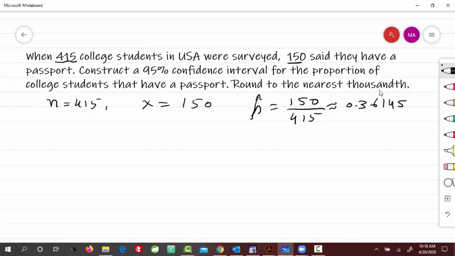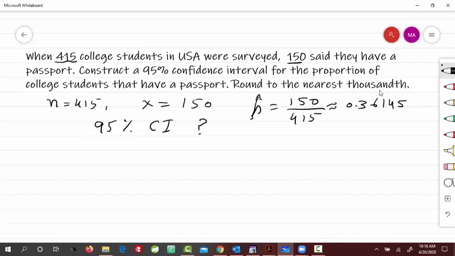So we have to find a 95% confidence interval. So first we have to find this confidence interval.